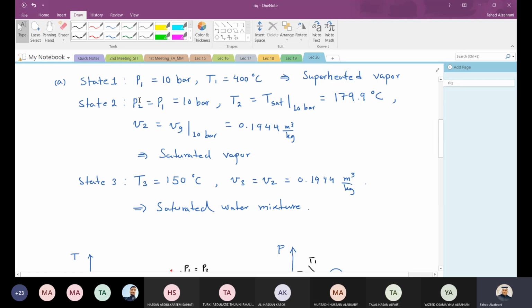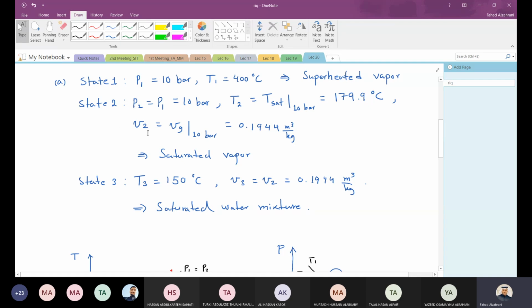Also at state 2, we know that process 1 to 2 is a constant pressure process, or isobaric process. So we are going to be on the same pressure line for state 2. And then T2 is simply the saturation temperature at 10 bar, since this is a saturated vapor state.